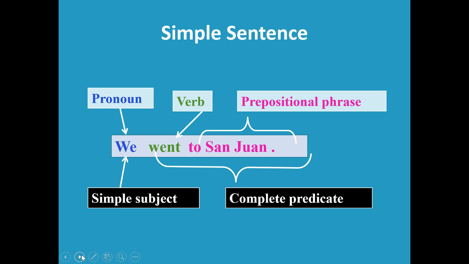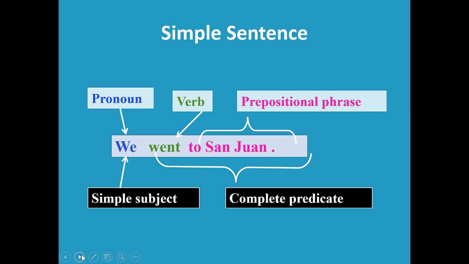There is a simple subject, we, which is a pronoun, went, which is the action verb, and to San Juan, the prepositional phrase. We are calling this a prepositional phrase because to is the preposition, and the word it relates to, San Juan, together with it is the prepositional phrase.